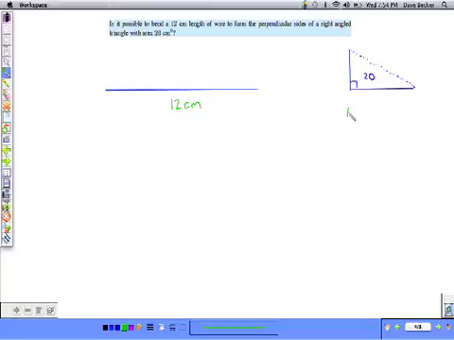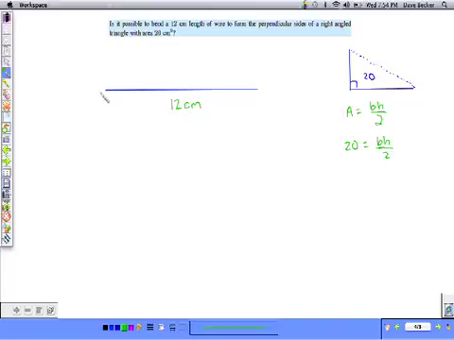The area of a triangle is equal to the base times the height divided by 2. And we know the target here is 20. So 20 is going to have to equal base times height over 2. So we have to get some sort of representation for base and height based on what we know.